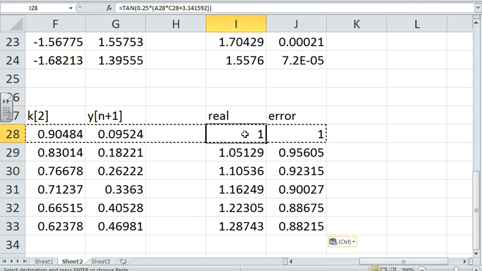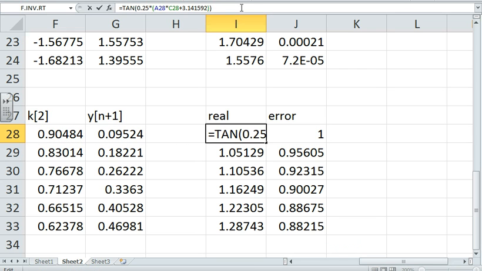Okay. So my numeric method is correct. I have the right answer, but my real guy I don't, and that's because the real guy is the natural log of something. So that would help if I put in the natural log of x plus 1.